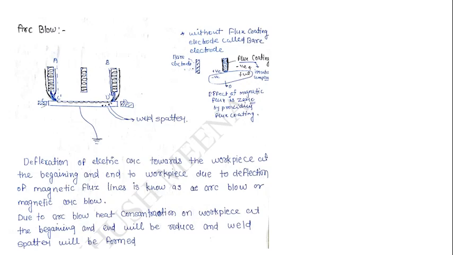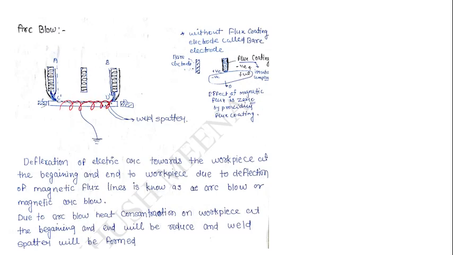So what is arc blow? Suppose there will be a current flow in your workpiece, right? When there is a conductor and you're flowing current into that, then one magnetic field will be generated. So there is one magnetic field generated in your workpiece.